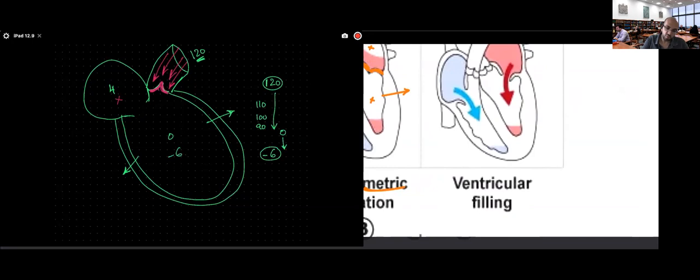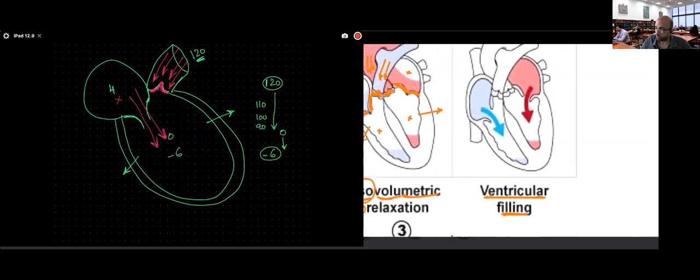The blood now will finally push the cusps of the AV valve downwards towards my ventricle. So the blood is going to open the valve and move down from the atria to the ventricles. We call this phase my ventricular filling phase of the cardiac cycle.